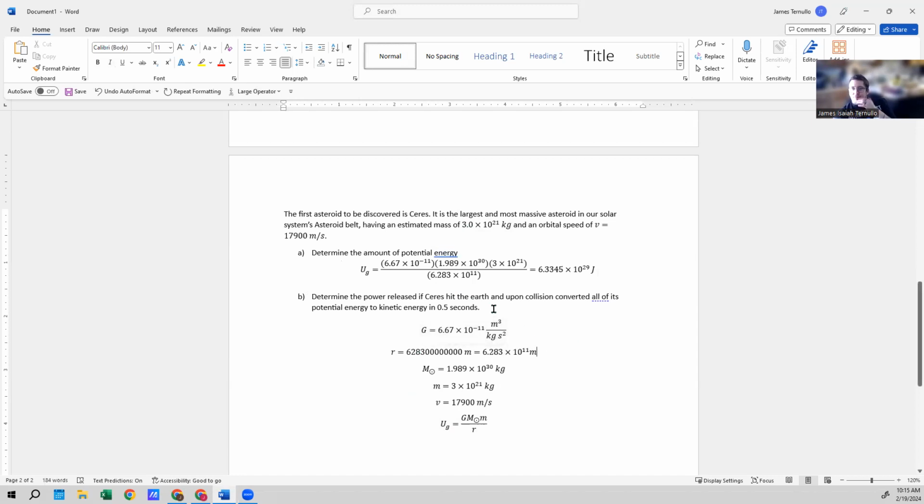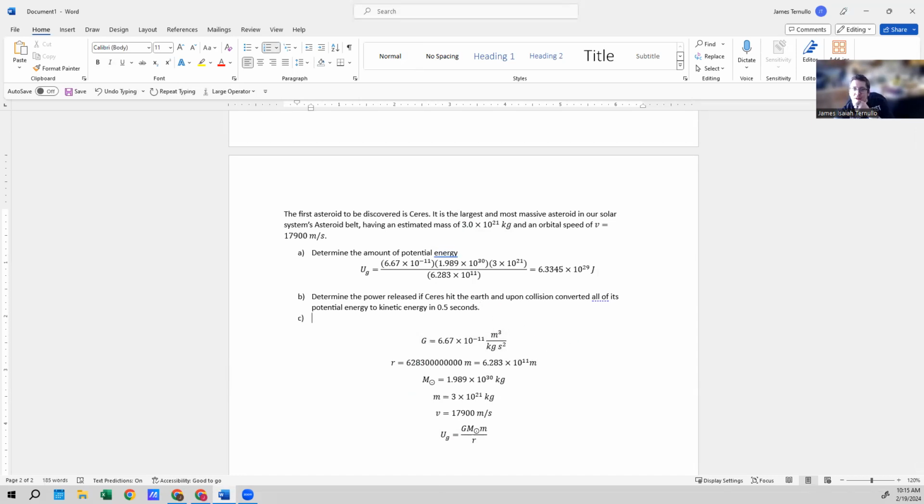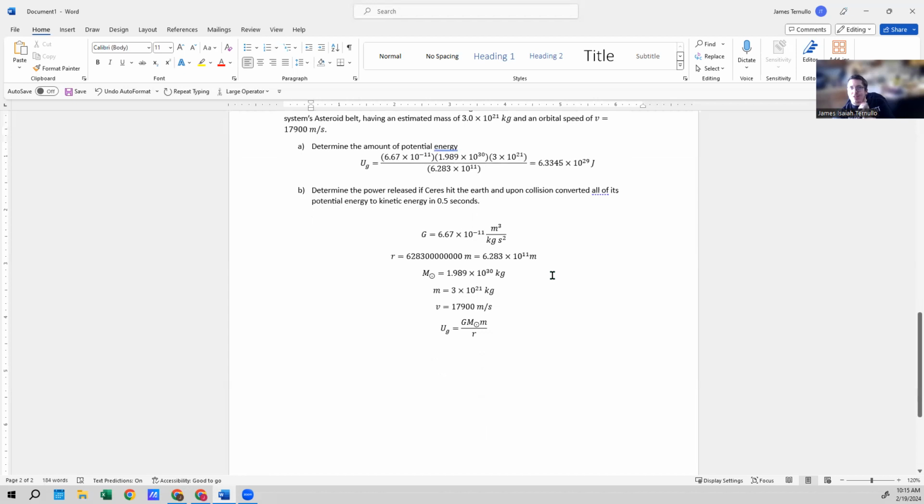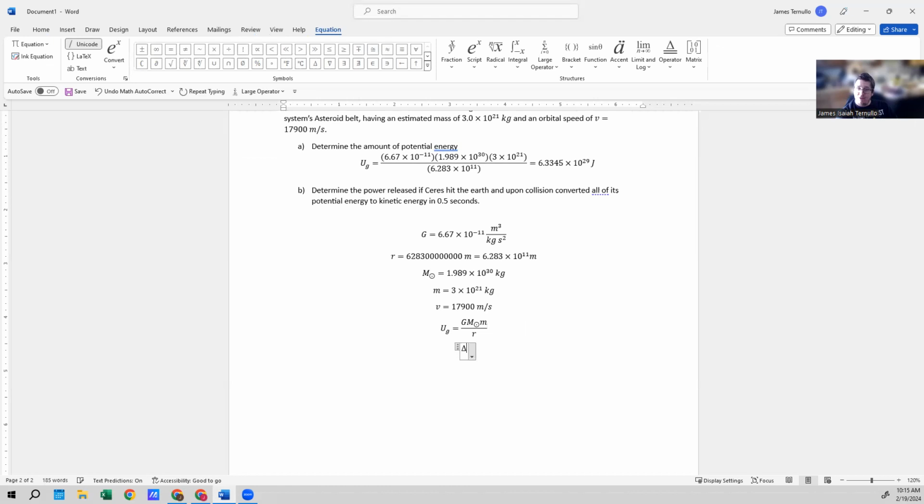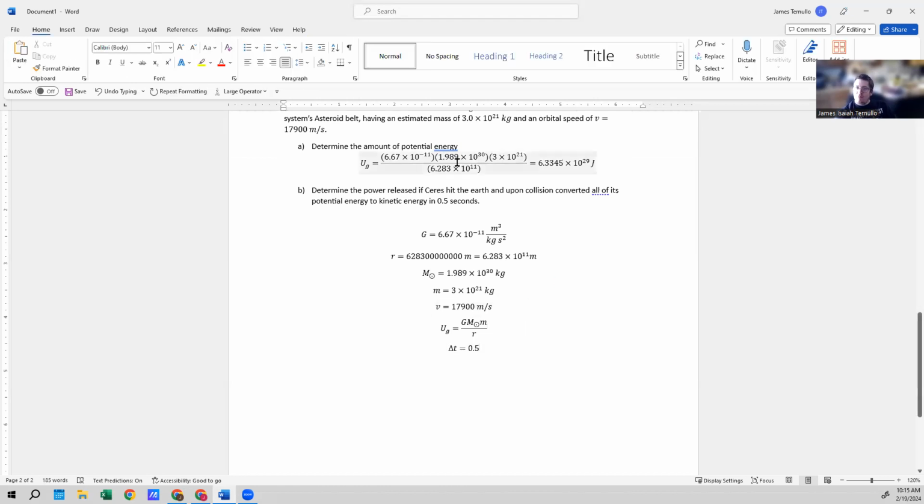Okay, and so now we have part B, which says to determine the power released if Ceres hit the Earth and upon collision converted all of its potential energy to kinetic energy in 0.5 seconds. So we're given a time interval, and we're told that all of its potential energy is converted into kinetic energy.